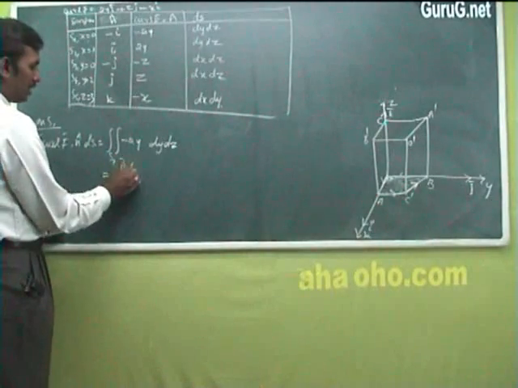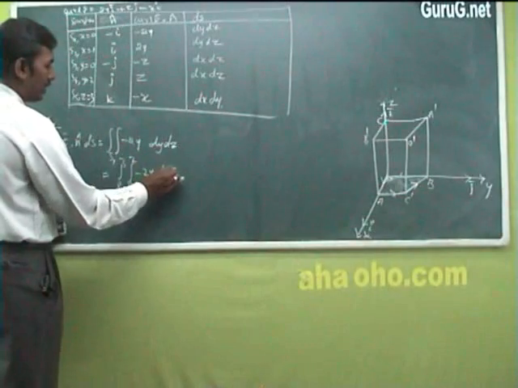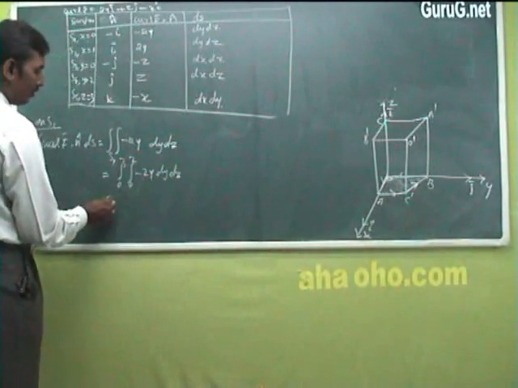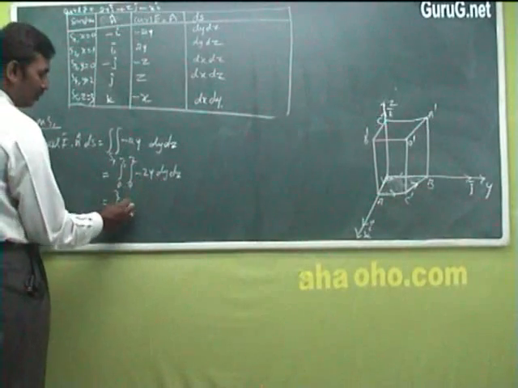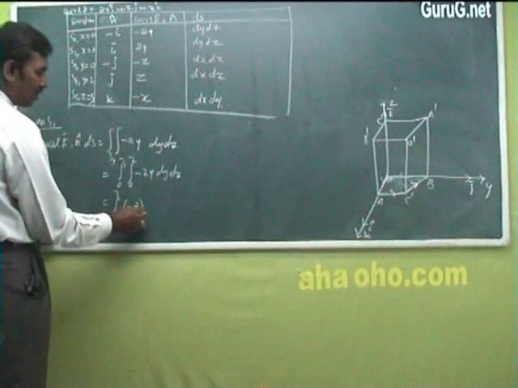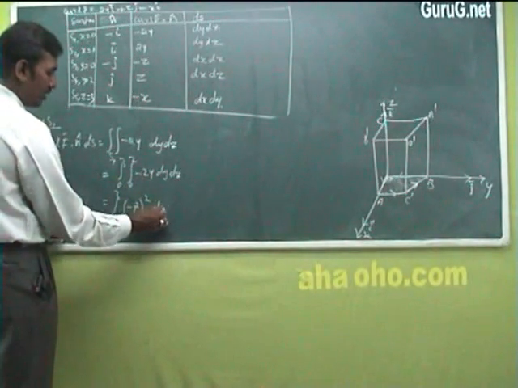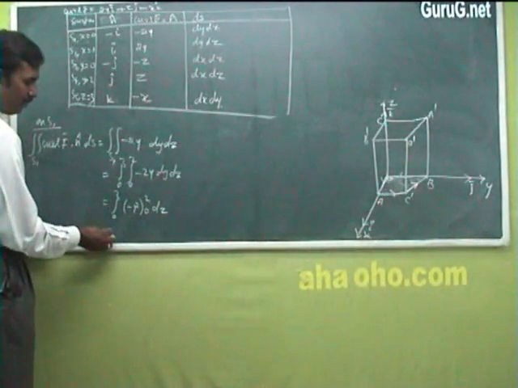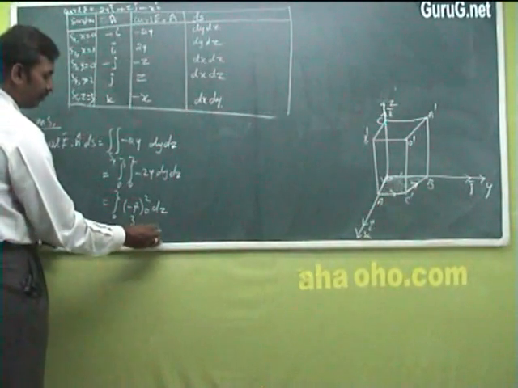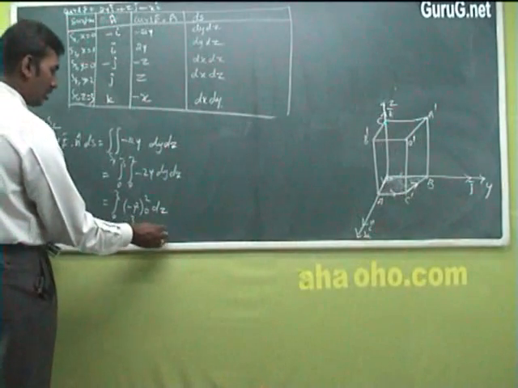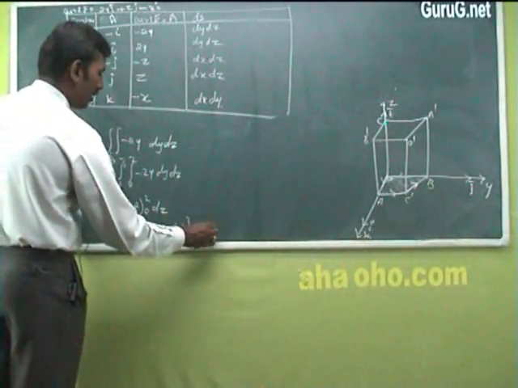So 0 to 3, 0 to 2 minus 2y dy dz. So when you integrate this, 0 to 3, with respect to y, minus y squared by 2 to cancel minus y squared, 0 to 2 dz. Substitute limit, so minus 4 integral 0 to 3 dz. So integrate it, minus 4 into z, 0 to 3, so minus 12.